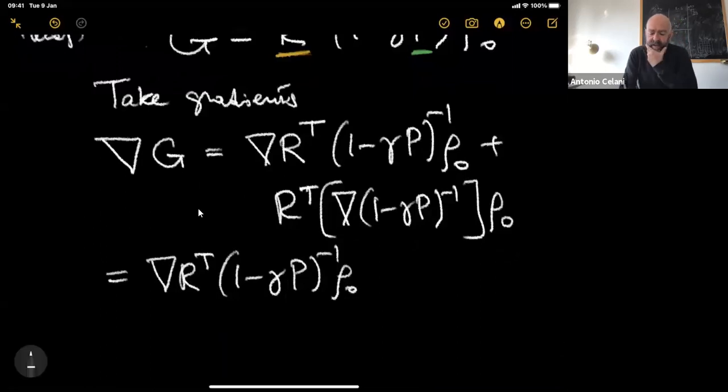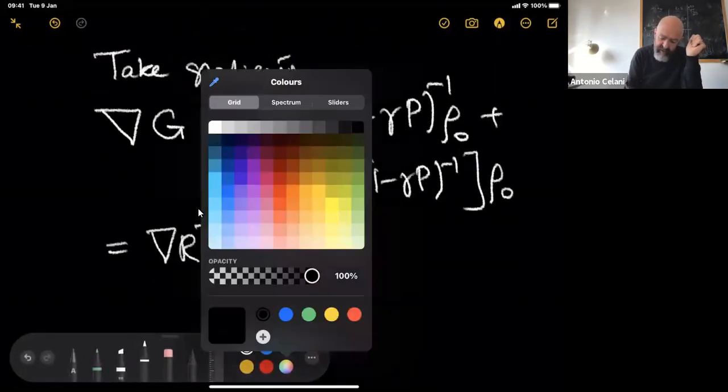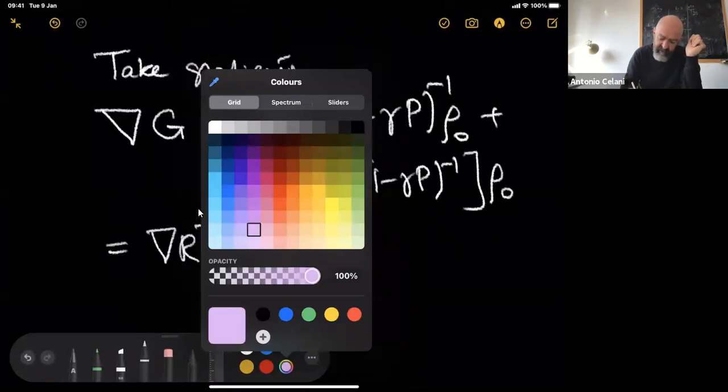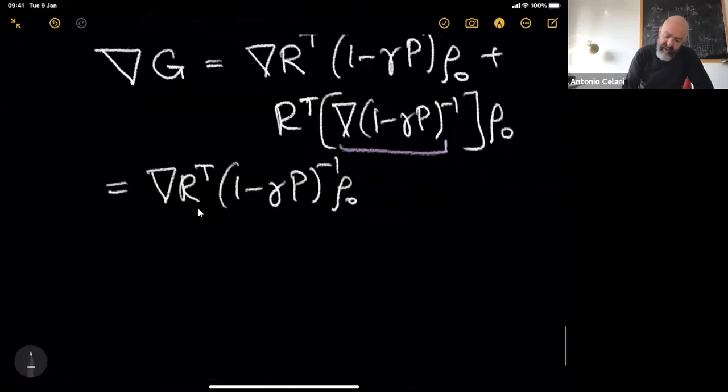So what is the gradient of the inverse of a matrix? Here we have to pay attention because we cannot use the usual rules of differentiation, since matrices can be non-commutative. You should be familiar with this, but let's refresh it once more.